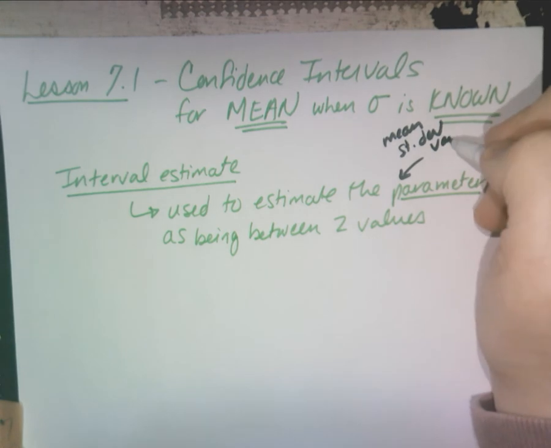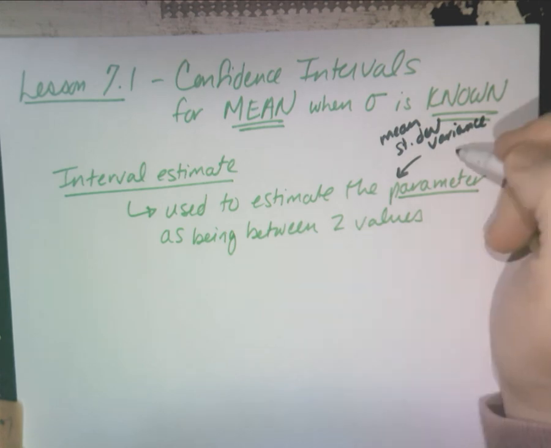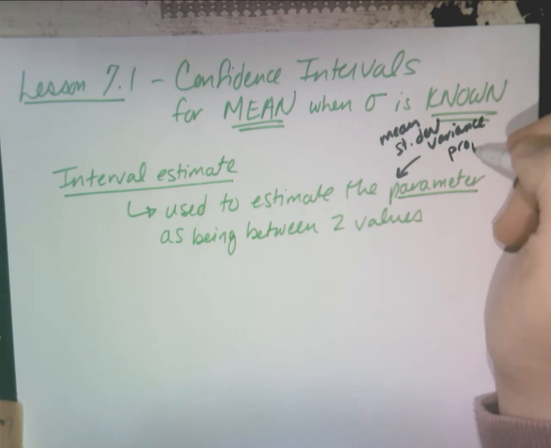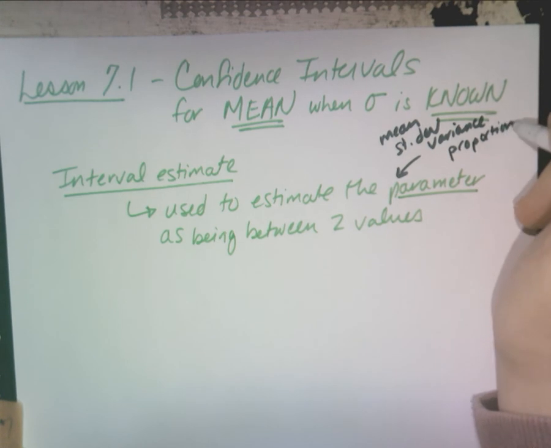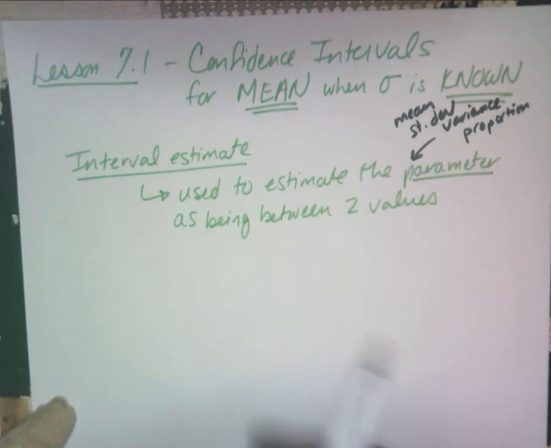We could do variance, which again, how are those 2 related? Do you remember? Square root and squared. And then we are going to do this one called a proportion, which normally we've learned before was like percent, but we're going to do a proportion and find the confidence interval for that one. So that's what we're going to talk about today, this interval estimate.